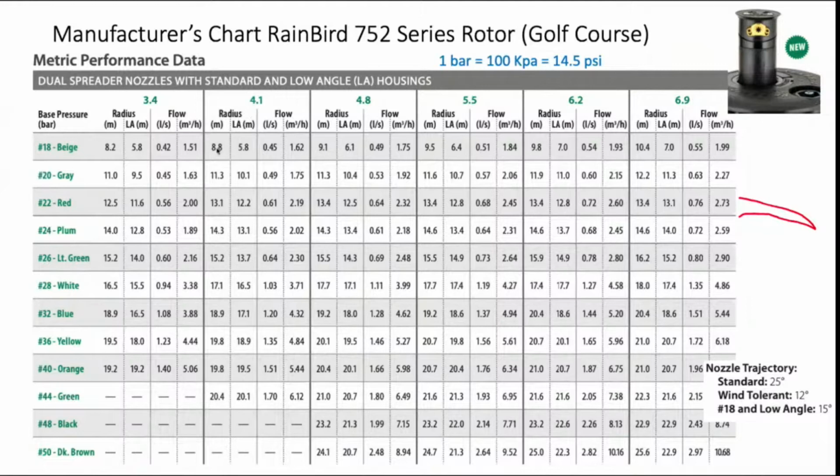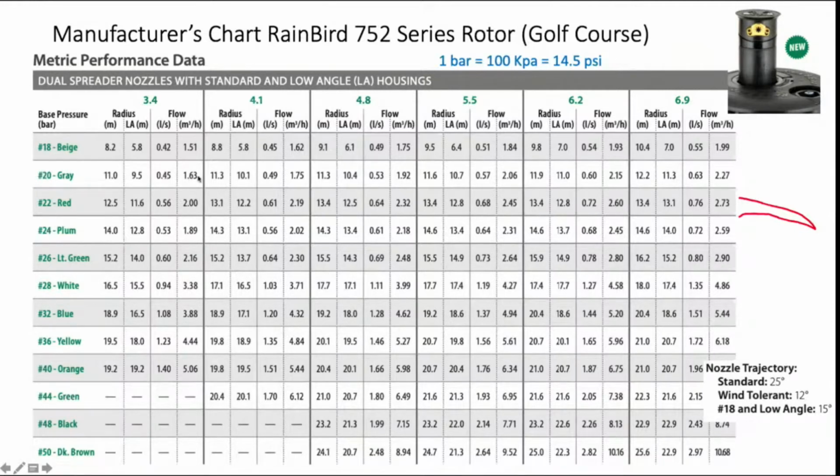So it goes from 8.8 here at the number 18 nozzle at 4.1 bars, from 8.8 to 5.8 meters of radius throw. And that's because it's just thrown at a lower angle. It's sort of like hitting a golf ball or something like that. If you get the right arc, it's going to go farther. So anyway, select the correct nozzle category or color or size, and then you can read the radius of throw and the flow rate.